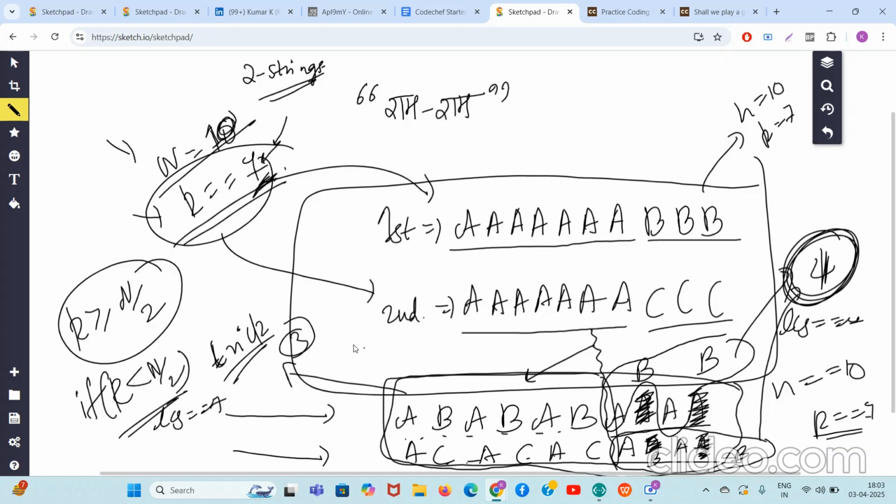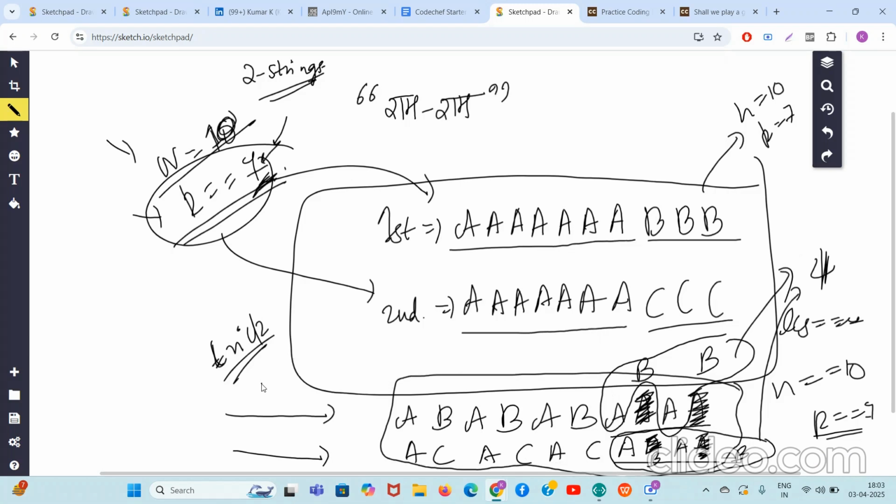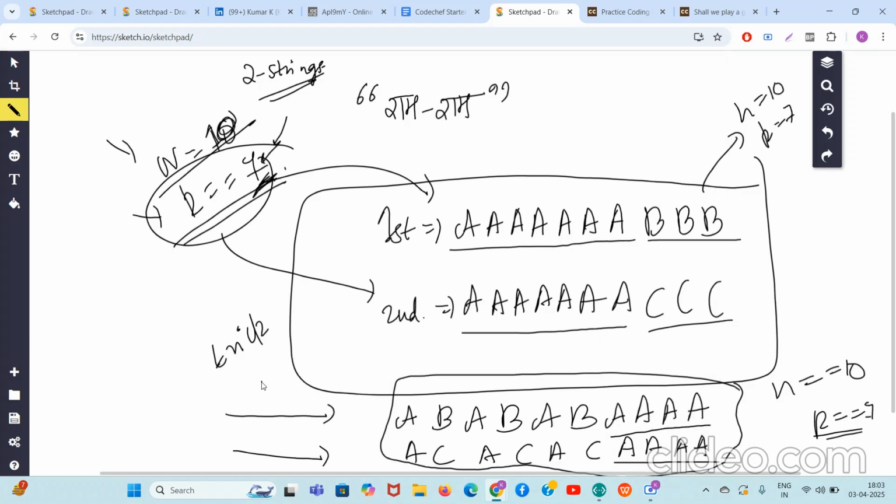Why does this work for K greater than or equal to N by 2? Here you can see K is greater than or equal to 5. It is guaranteed that the larger part, you can see 1, 2, 3, 4, 5, 6, is the larger part, and this is the smaller part.